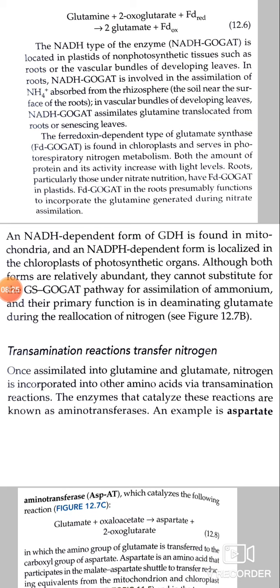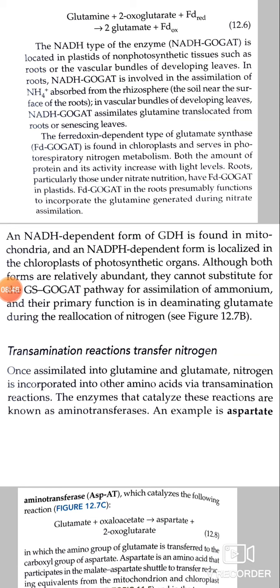Transamination reactions transfer nitrogen. Once assimilated into glutamine and glutamate, nitrogen is incorporated into other amino acids via transamination reactions.